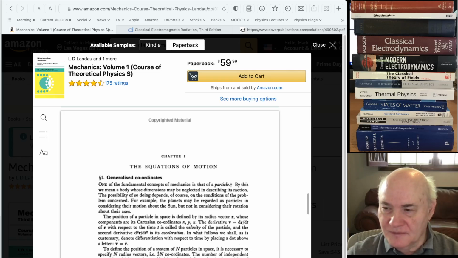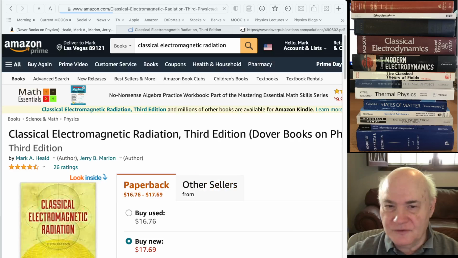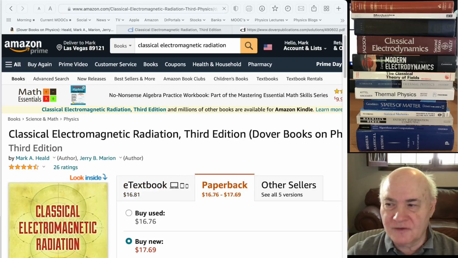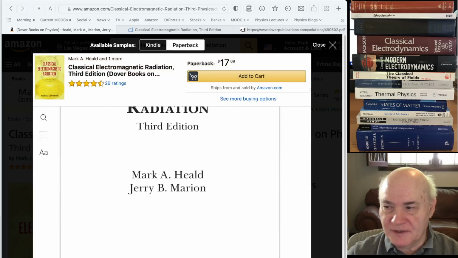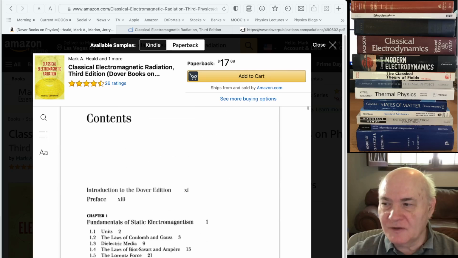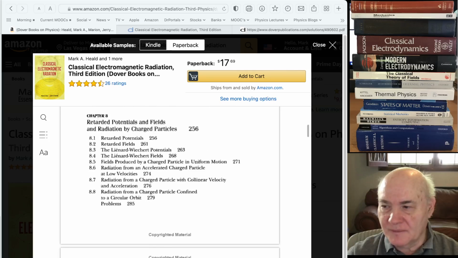Turning now to classical electromagnetism, I used the first edition of this book. It's called Classical Electromagnetic Radiation by Marion, and then it was updated to a third edition. It was a fairly good book on electromagnetism. It covered a lot of wave properties, optics and wave properties that usually you wouldn't cover in a standard electromagnetic book.